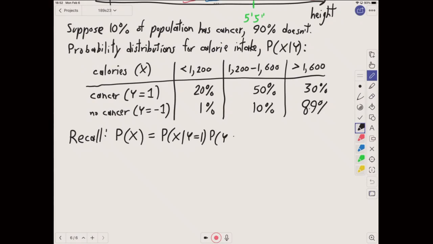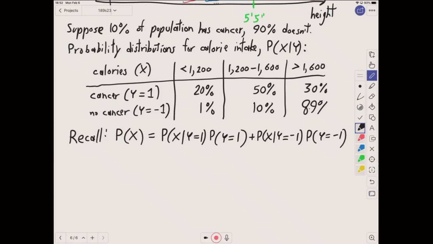The way we do this is that we multiply the probability that a person has cancer by the conditional probability of them having a certain value of X given that they have cancer. And then we do the same thing for people who don't have cancer and add them all up together, and that gives me all of the people who are eating fewer than 1,200 calories a day. So I hope this formula looks familiar.